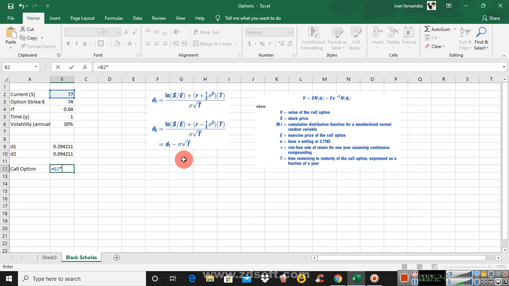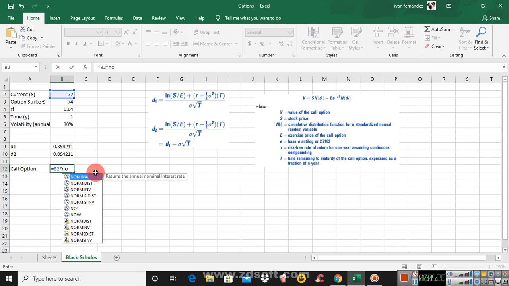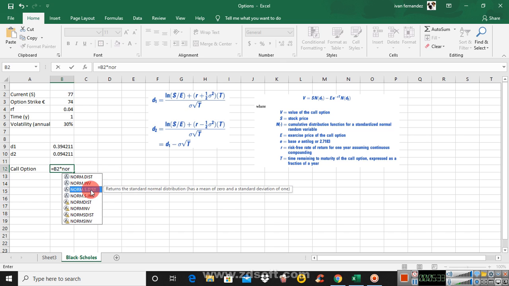Excel is a little different depending on the version. For the one that I'm using, I need the normal distribution of D1, with a mean of 0.